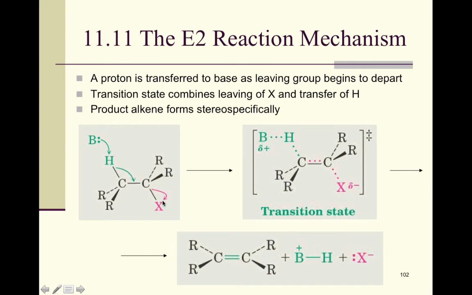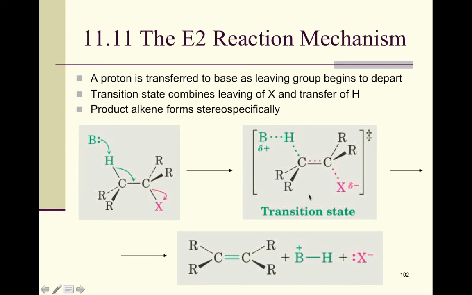So instead of this breaking up into pieces, what happens during the transition state is we actually have the electrons being delocalized over this entire step. So we have two things together at the same time with one transition state. They're all together at the same time. Then what's going to happen is the leaving group, hopefully it's a really good leaving group, is going to get out of there, and then we have our elimination product.